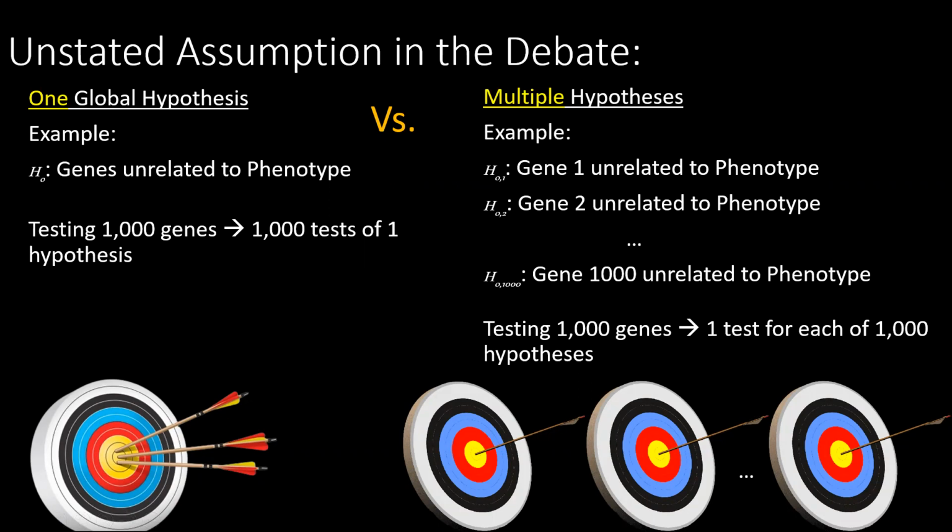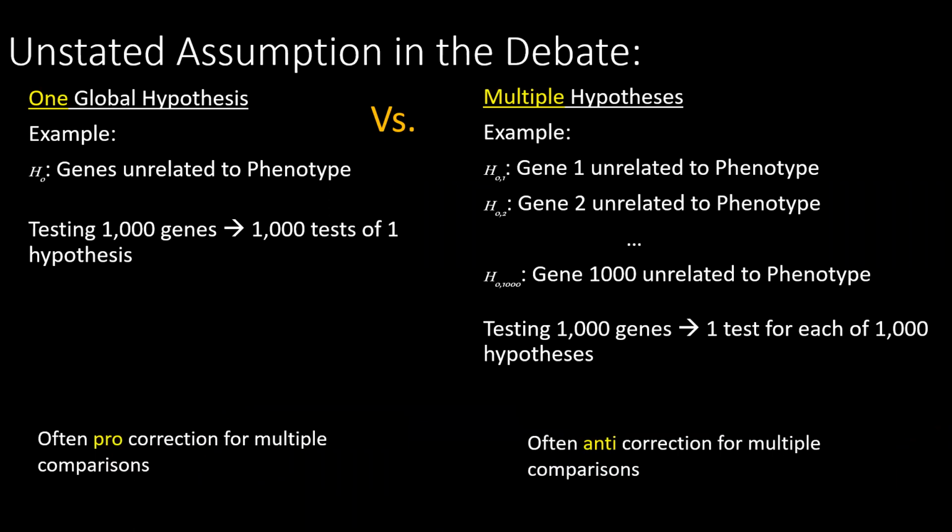And so, as you can imagine, the folks who tend to frame it as one global omnibus hypothesis for one family of tests are often proponents of correcting for multiple comparisons. The folks who frame it more as multiple hypotheses are generally against the correction for multiple hypotheses or multiple comparisons.